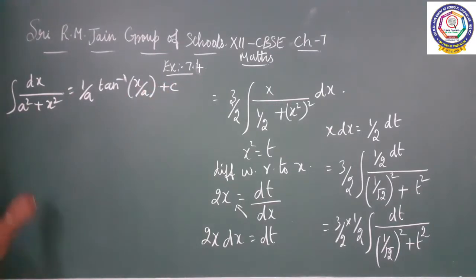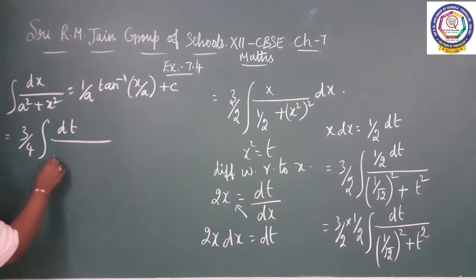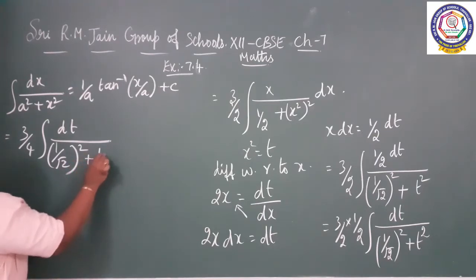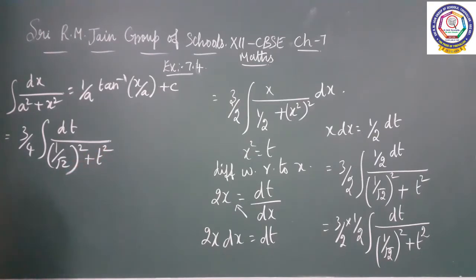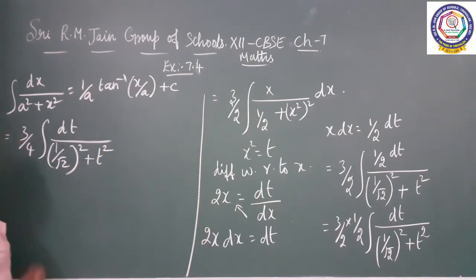Okay, so you will write it as 3 by 4 integral dt by 1 by root 2 the whole square plus t square.